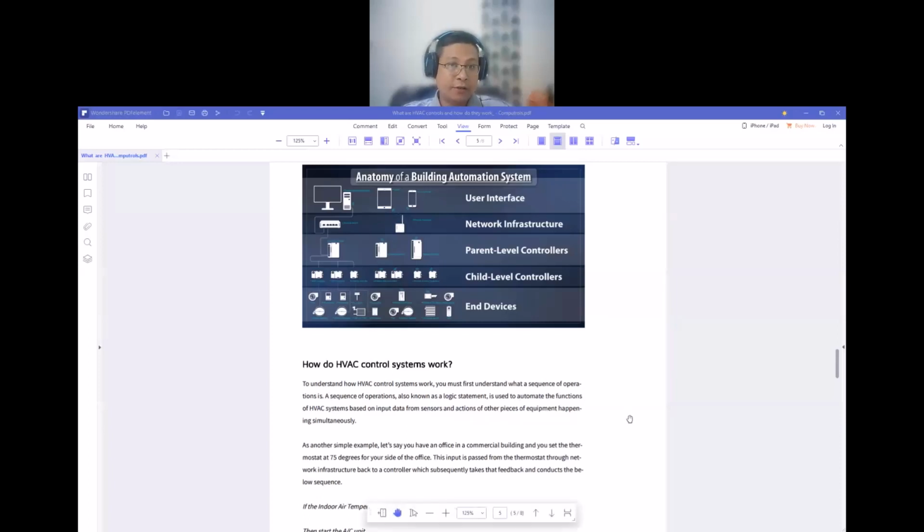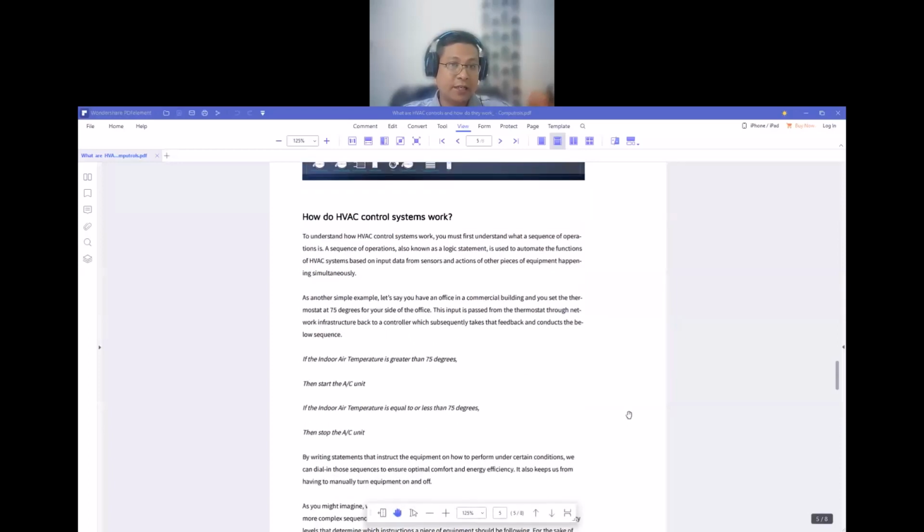So how does an HVAC control system work? To understand how an HVAC control system works, you must first understand what a sequence of operation is. A sequence of operation, also known as a logic statement, is used to automate the function of the HVAC system based on input data from the sensors and actions of the other pieces of equipment happening simultaneously.